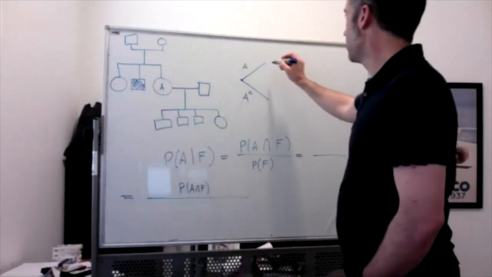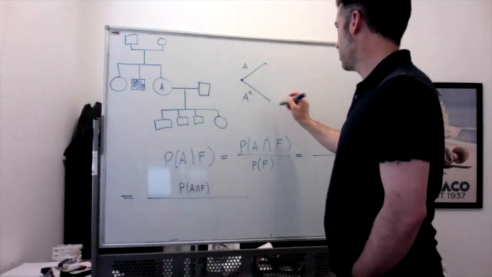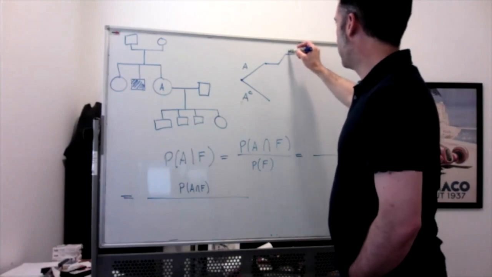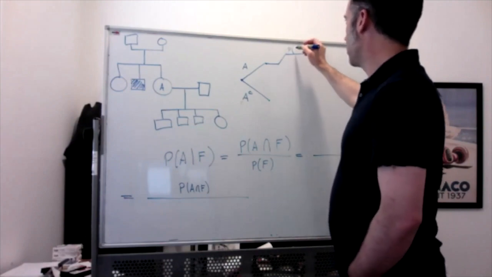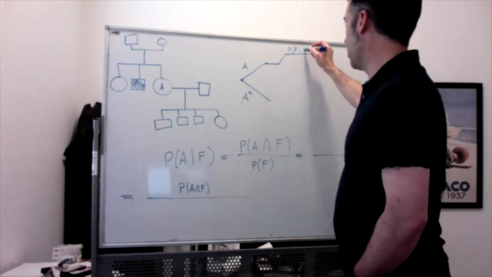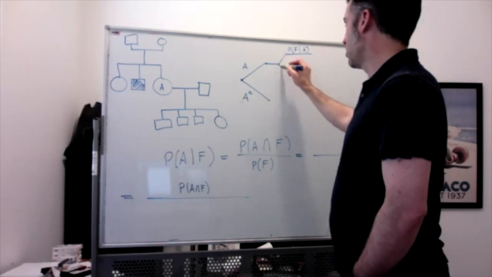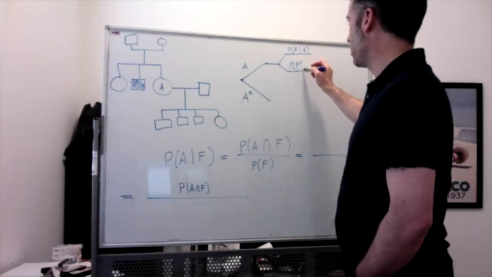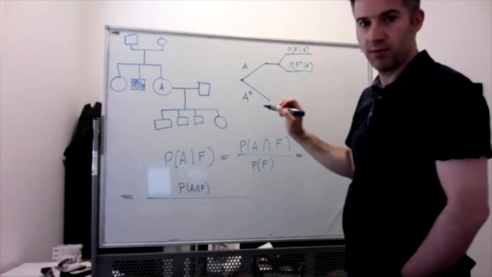And then after that, we have either the probability that all 3 sons are healthy, given that the mom is a carrier, or the probability that all 3 sons are not healthy, given that the mom is a carrier.